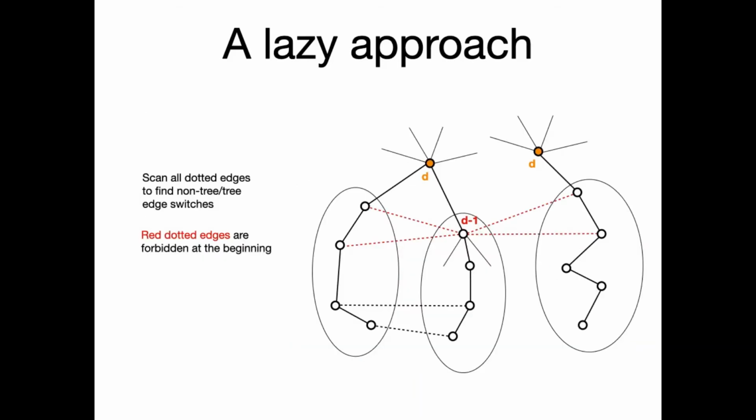Here is an example. Suppose at some point there is a degree d-1 vertex at the center. Then its incident inter-component edges cannot be involved in any edge switch. Suppose at some point we have found an edge switch which reduces some degrees.